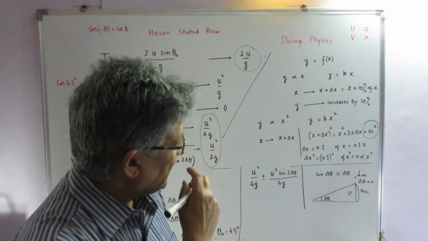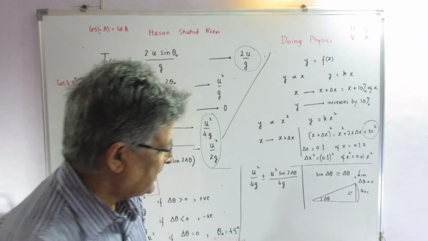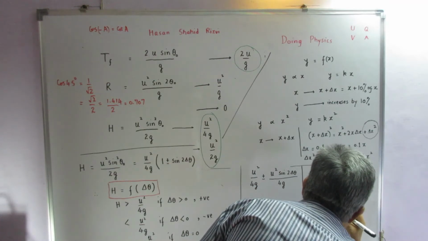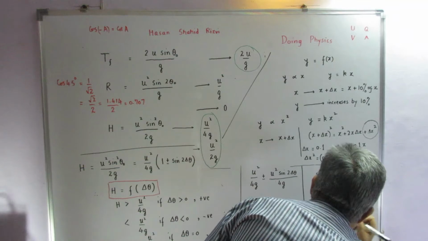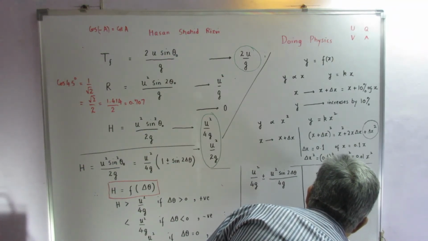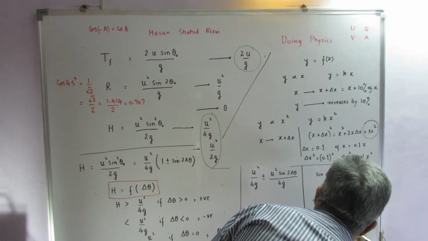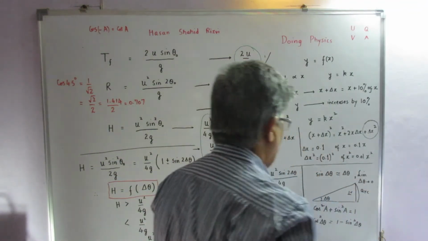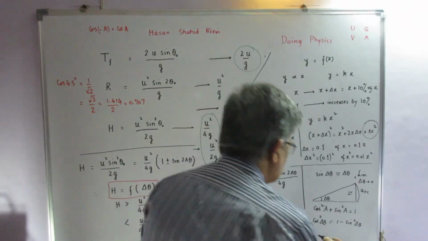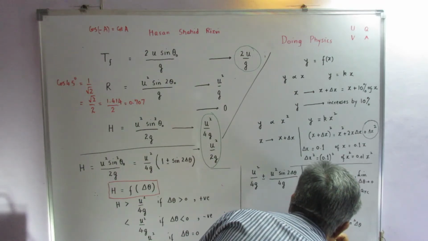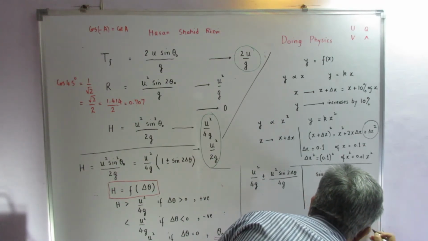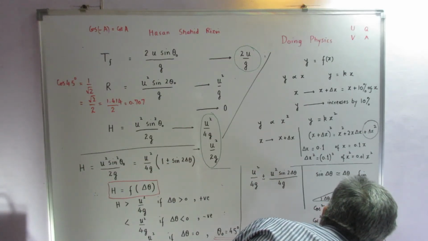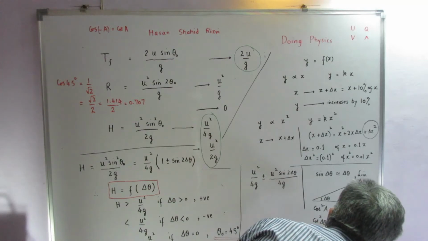And by using the relation cos square A plus sine square A is equal to 1, therefore cos square of delta theta is equal to 1 minus sine square of delta theta, and therefore cos of delta theta is equal to the square root of 1 minus delta theta squared.